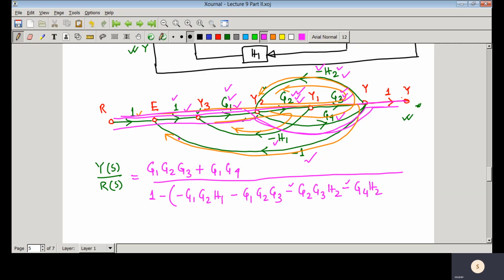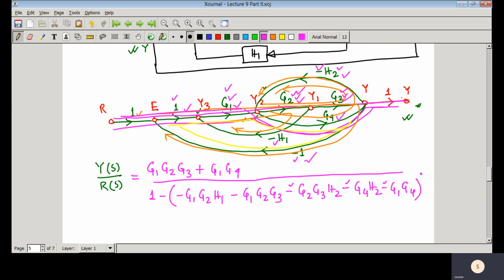So here you can see that this is another loop, which I am marking in yellow. So that is minus G1 G4, and here minus 1 is there.